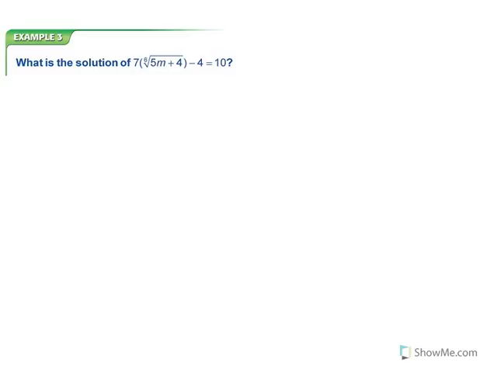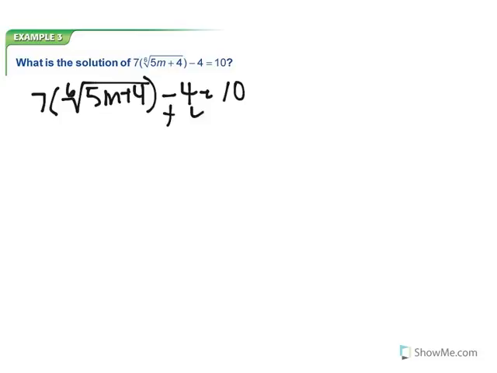Example 3, what is the solution of 7 times the 6th root of 5m plus 4 minus 4 equals 10? So what we have to do is solve for m here. Step 1 is to isolate our radical. So we have 7 times the 6th root of 5m plus 4 minus 4 equals 10. We're going to add 4 to both sides first.